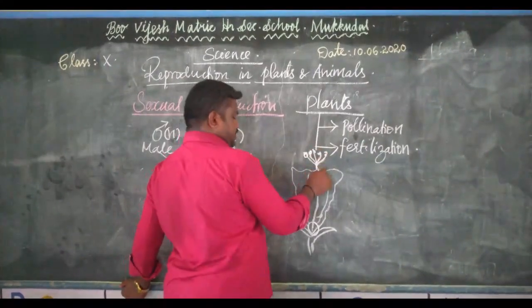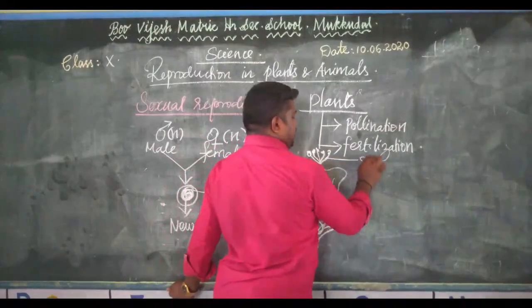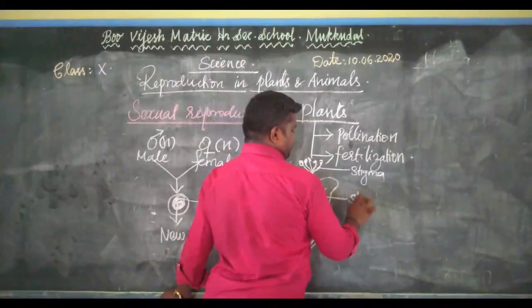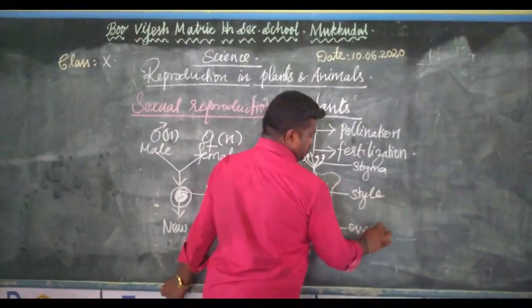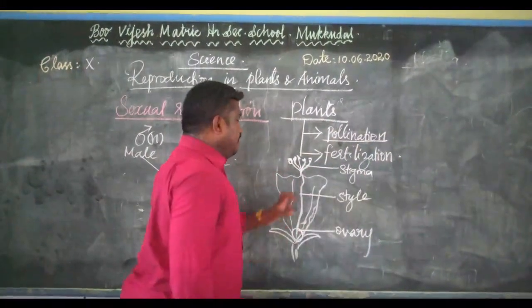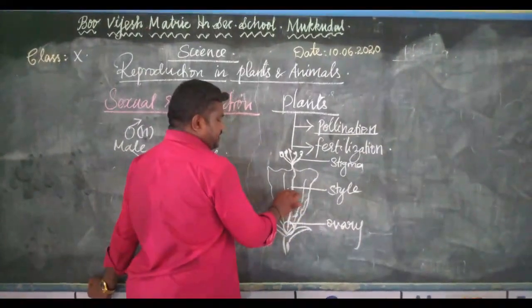So this is the typical parts of a flower. This is the stigma, style, then ovary. First we will see pollination. What is meant by pollination? Here the pollen grains are present.